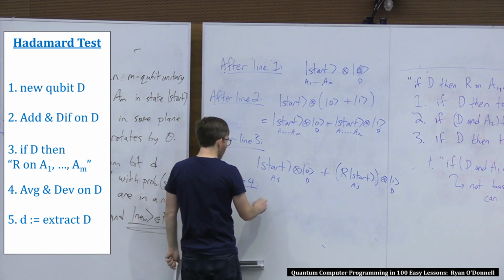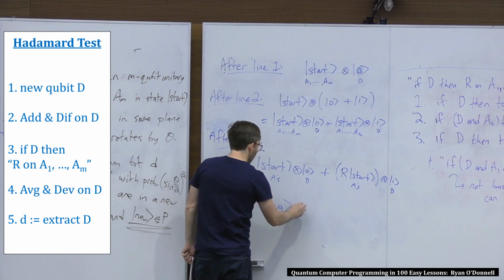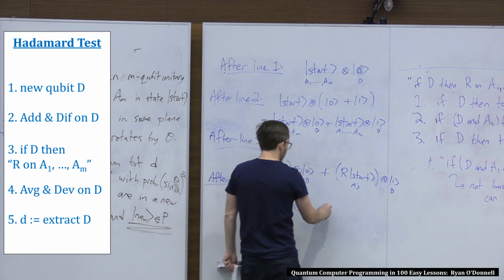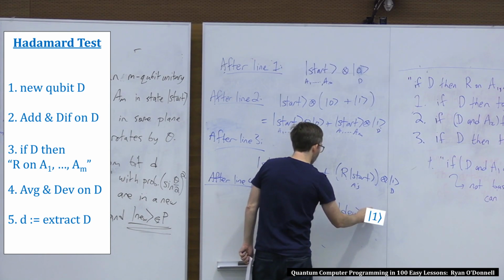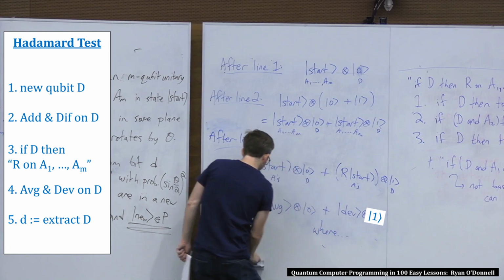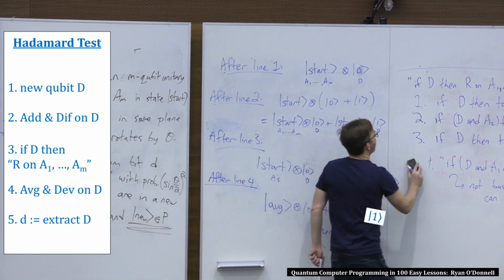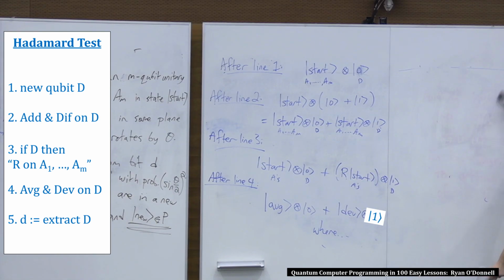You can check that you get to what I'll call ket average tensor 0 plus ket div tensor 1, where this ket average and ket div are the average and deviation of ket start and R ket start.